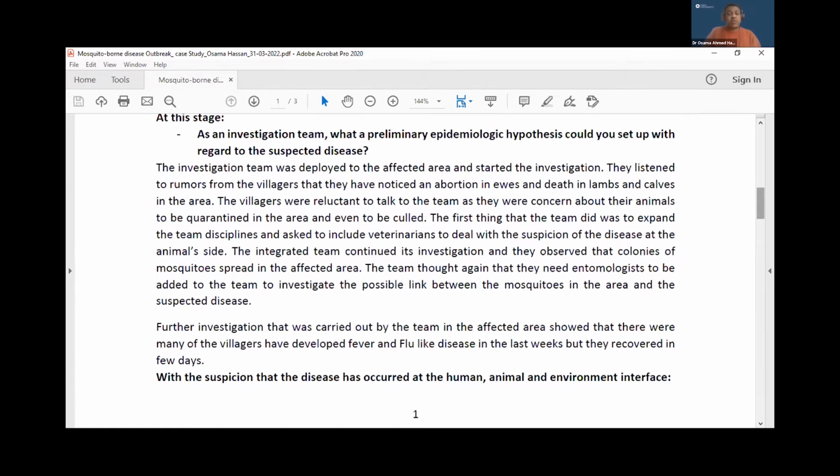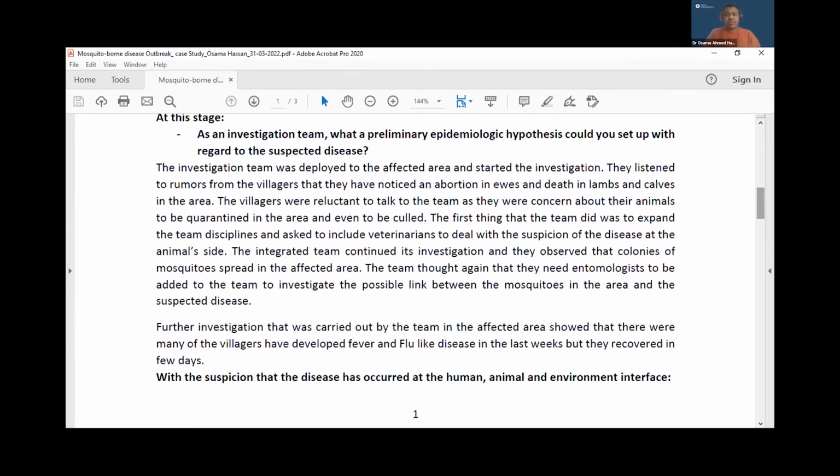And to some extent also they were worried that they would be asked to get rid of their animals. So here the team decided to expand their disciplines and included veterinarians.